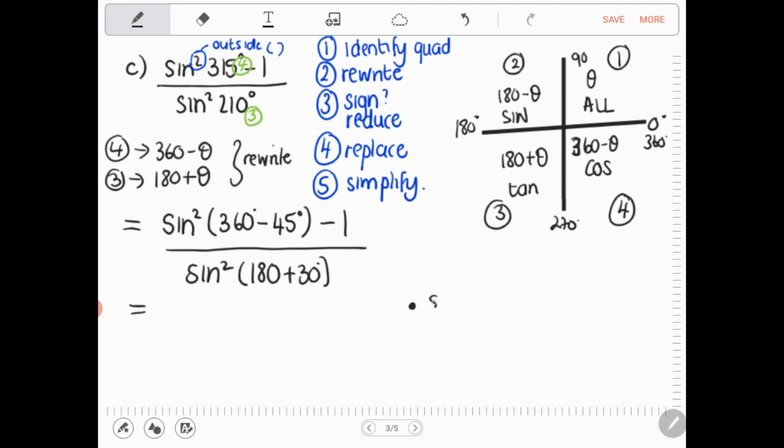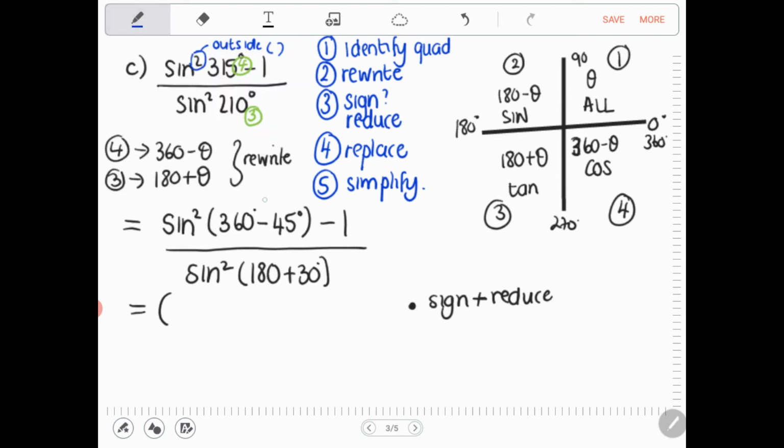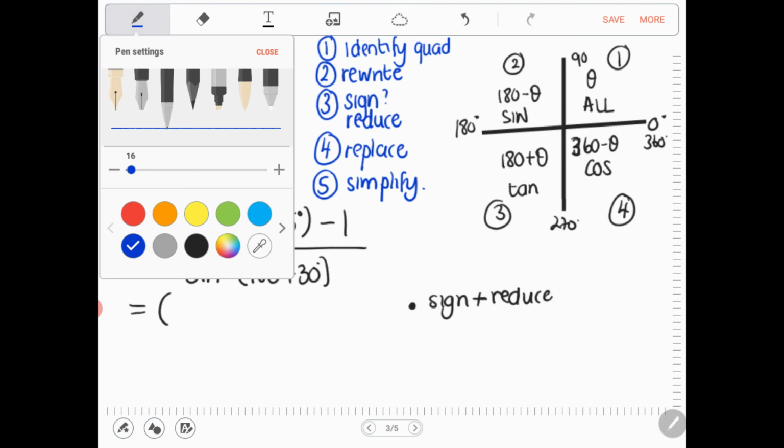Now we're going to do the sign and reduce. Okay, so now we need to put this in a bracket. We said this one's fourth, hey? And this one's third. Sorry.